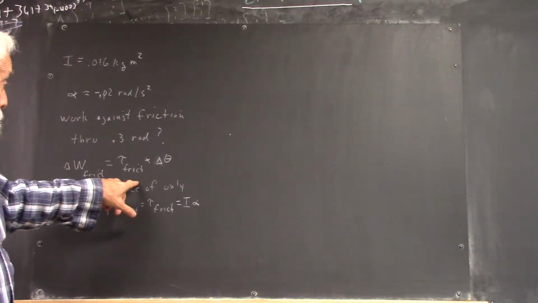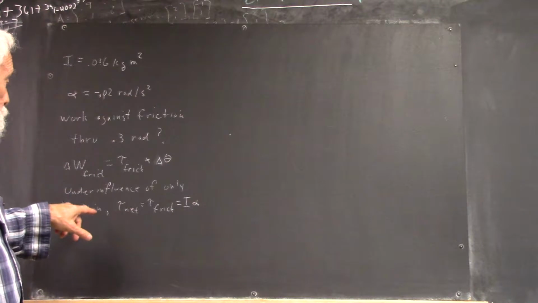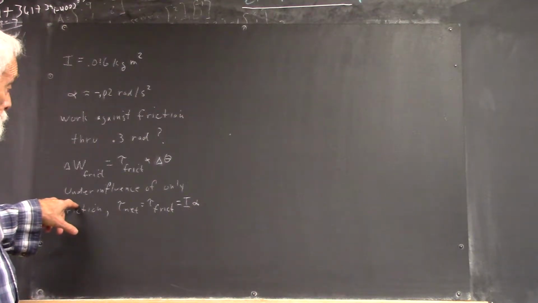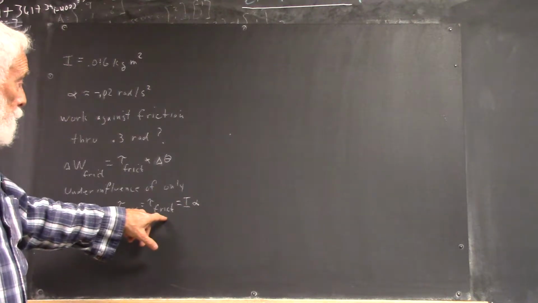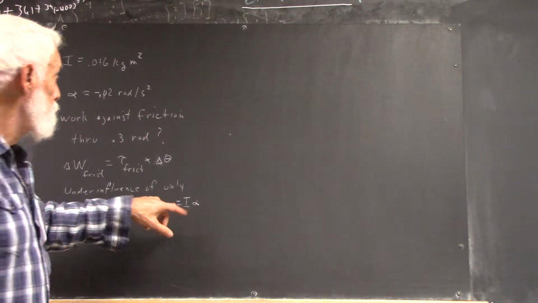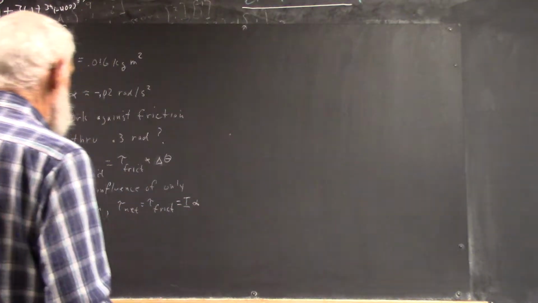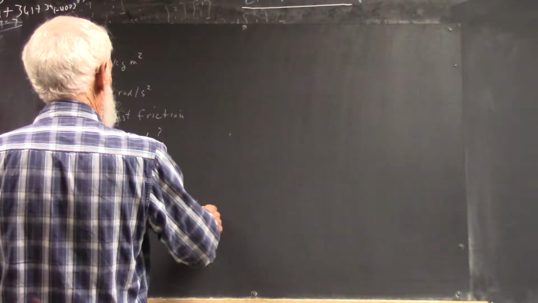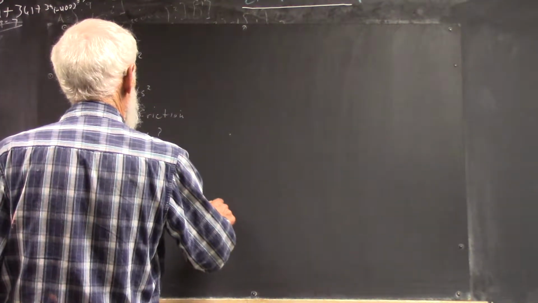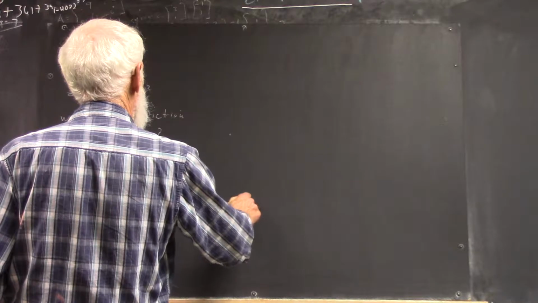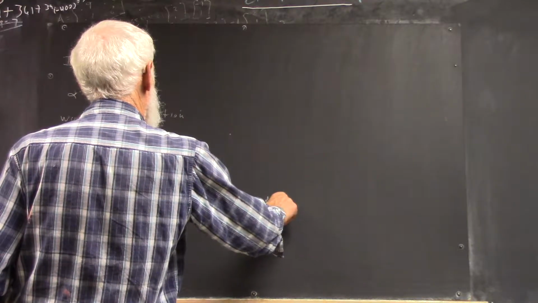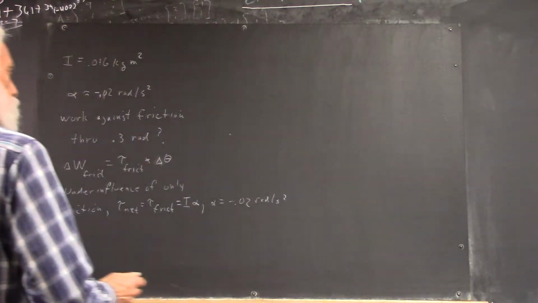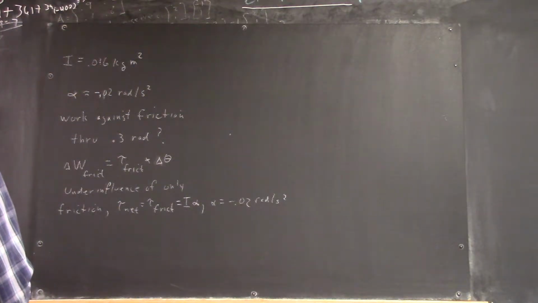And under the influence of only friction, the net torque equals the frictional torque, which will be I alpha, where alpha is negative 0.02 radians per second squared.